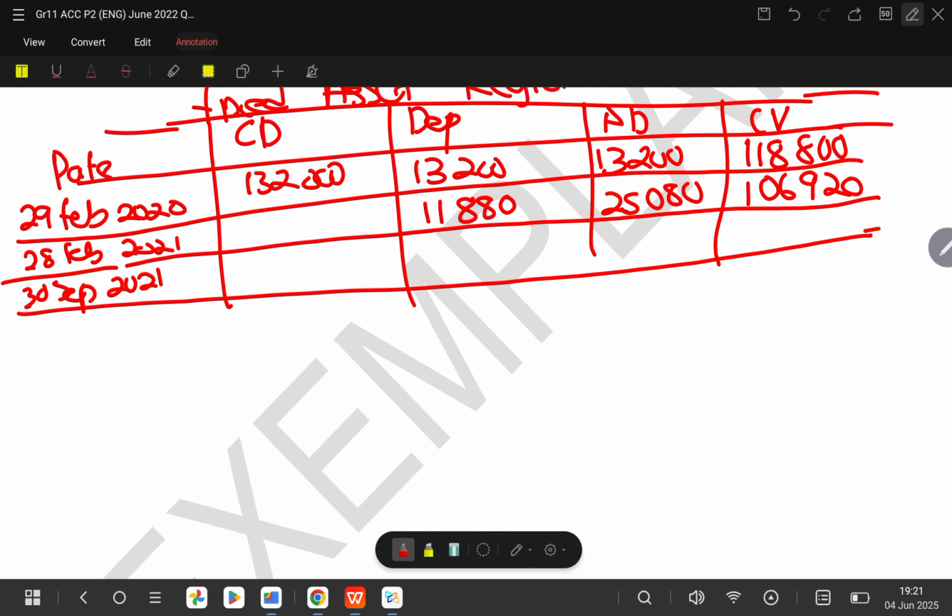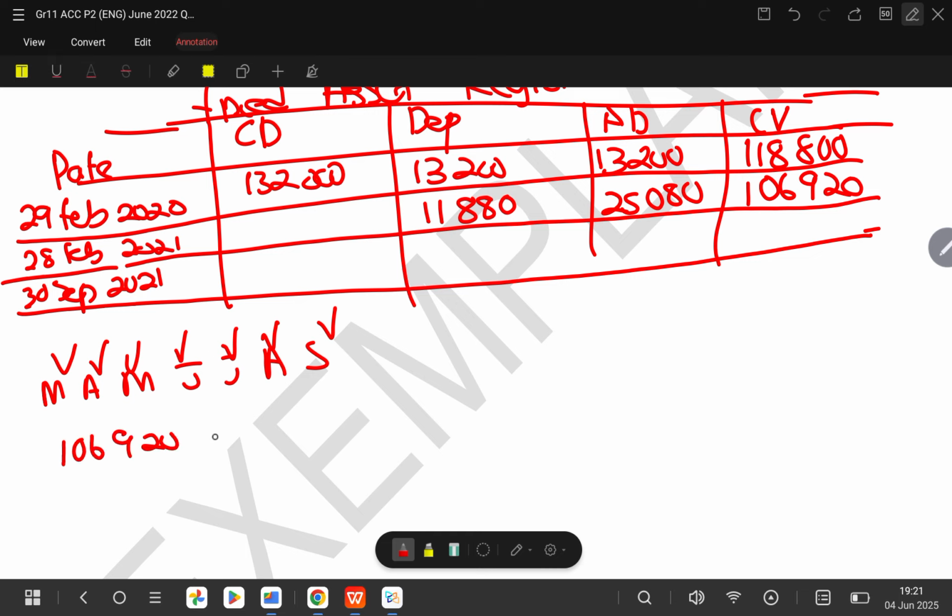If you count the months, it will be March, April, May, June, July, August, September, so it's 1, 2, 3, 4, 5, 6, 7. So say 106,920 multiplied by 10 over 100, and then multiplied by 7 over 12.